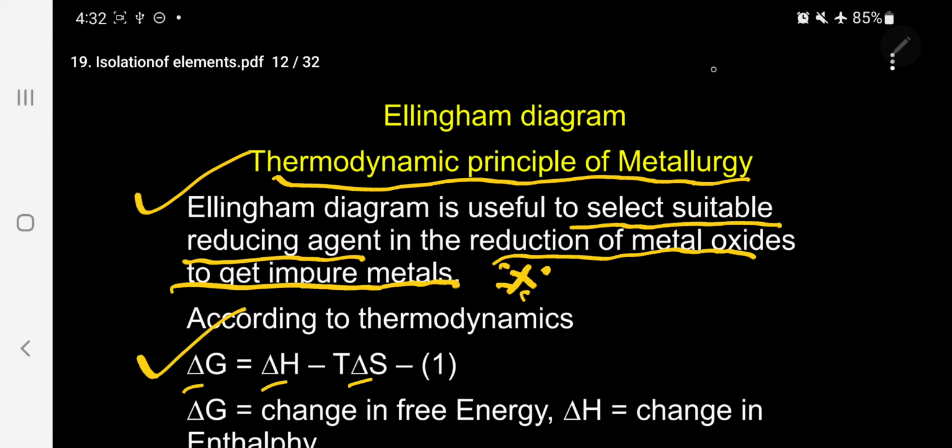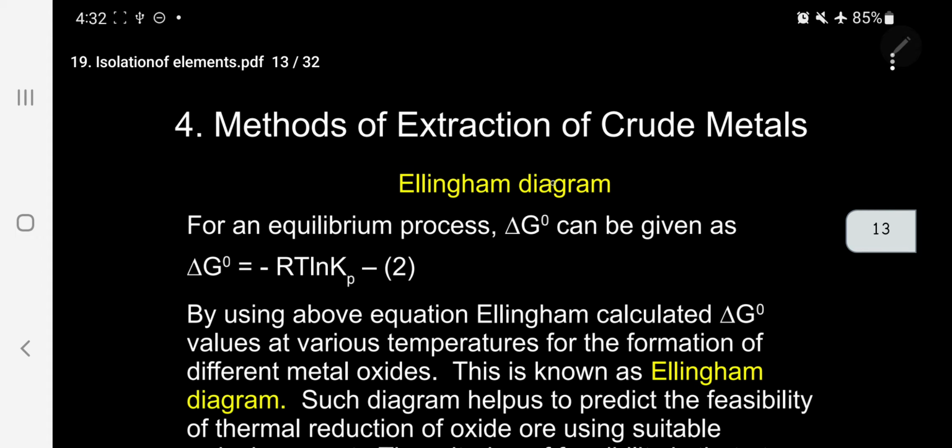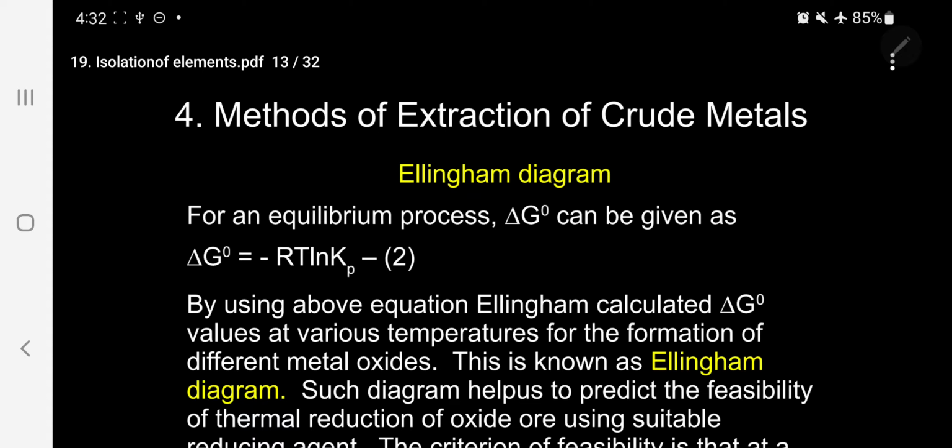For an equilibrium process, ΔG° can be given as ΔG° equals minus RT ln K, where K is the equilibrium constant.